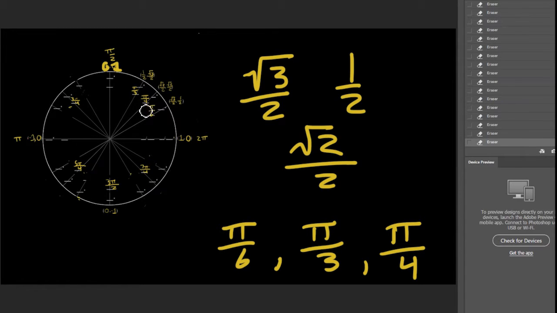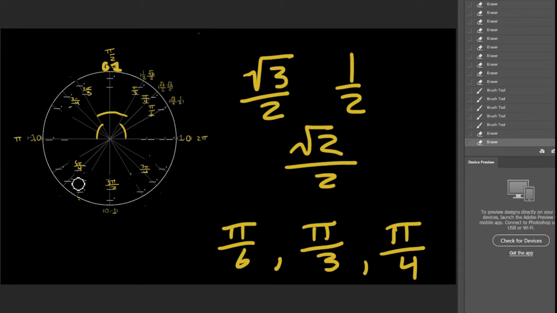Now starting off with pi over 3, if you can see here, this is all one semicircle, and it's just divided into thirds. So this is 1 pi over 3. This is 2 pi over 3, and then this should become 3 pi over 3, which is pi.